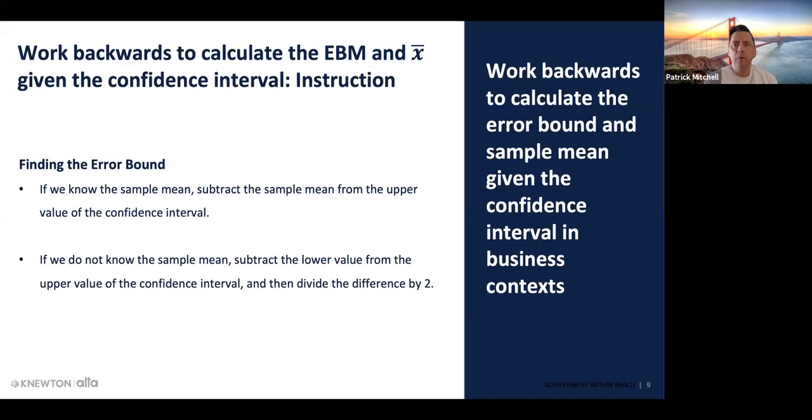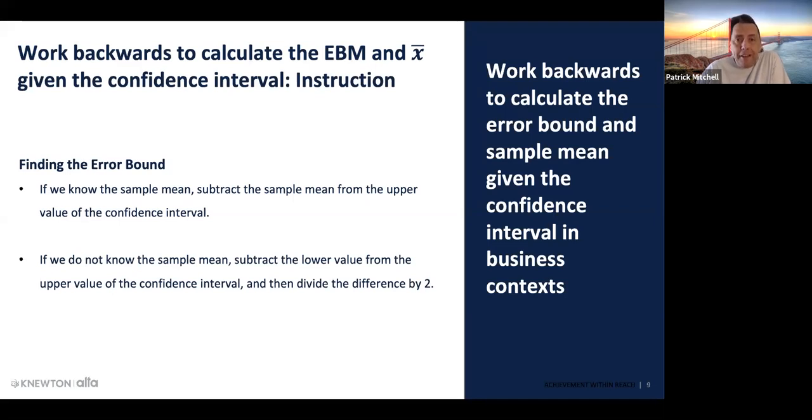All right, so now we get into how to find this error bound for the mean. If we know the sample mean, then subtract the sample mean from the upper value of the confidence interval. So this is when you're given the confidence interval. This is another pretty easy thing. What we're working our way up to is actually calculating all of this stuff from scratch.